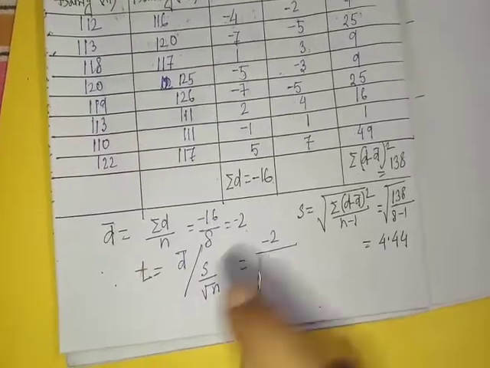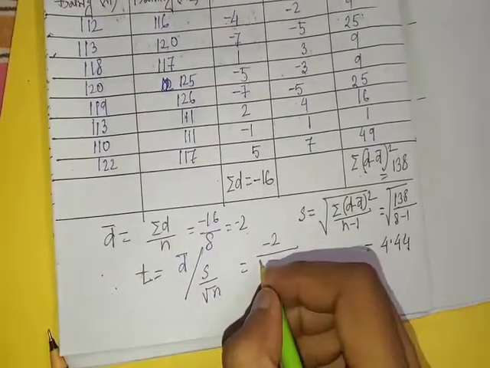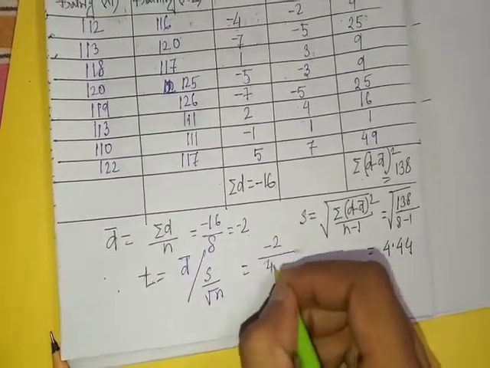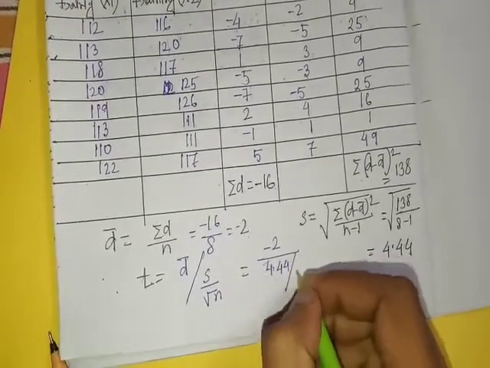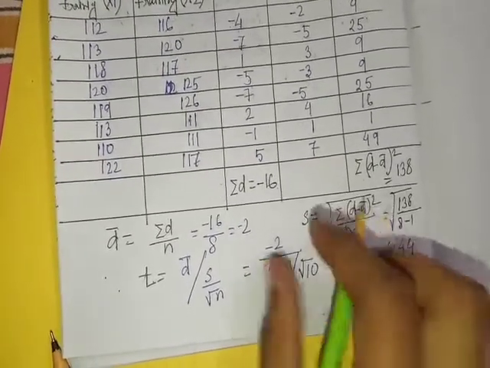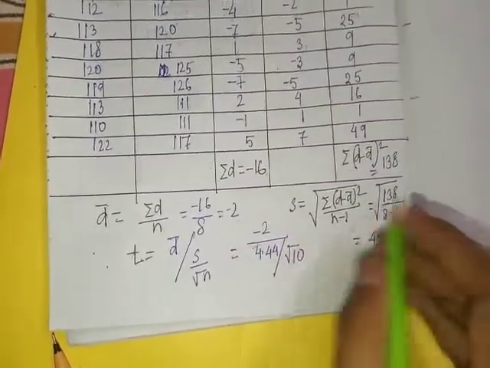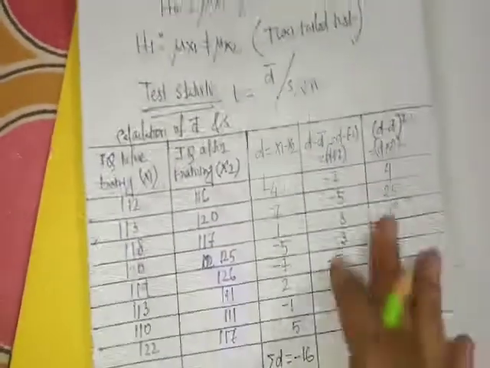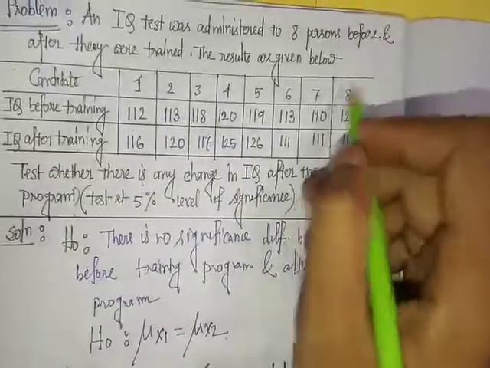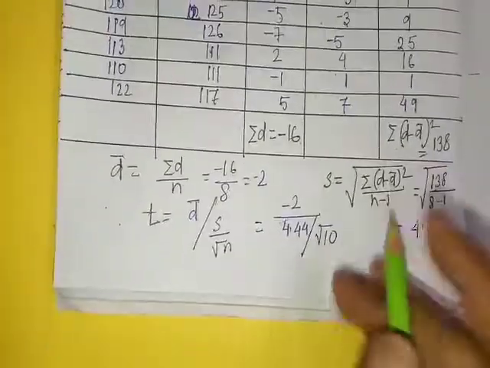Okay. So now s by root over n, value of s is 4.44, divided by root over n. Here sample size is 8.